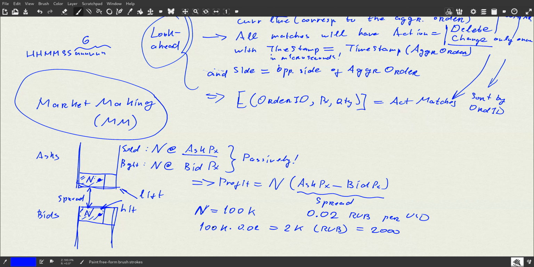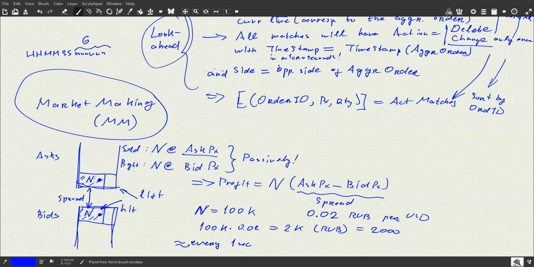And typically, when both your best ask and best bid are filled, you immediately place another pair on the best ask and best bid, and so on and so on. And let's say this happens every second on average.